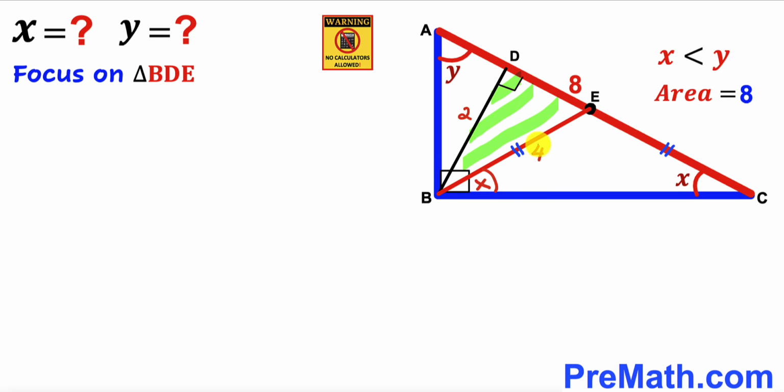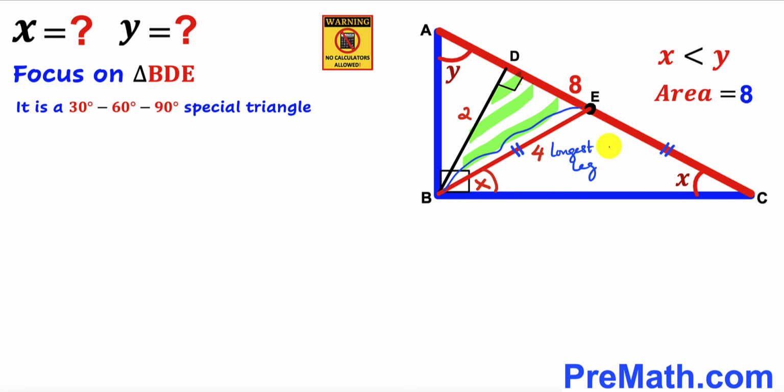We know that if the hypotenuse is twice the other leg, then we can say this is a special 30-60-90 triangle. The hypotenuse is the longest side, since it is opposite the largest angle, which is 90 degrees.